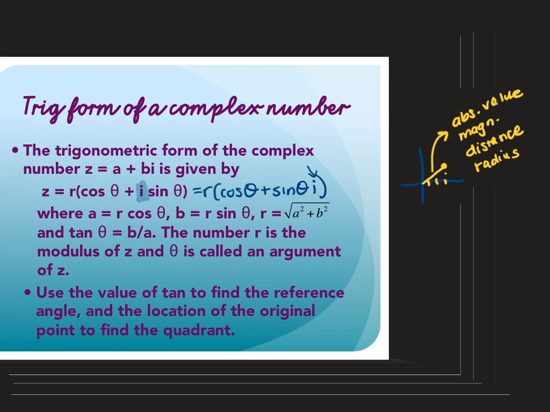All of those are found the exact same way. So I need to find r by doing a squared plus b squared square rooted. And I also need to know what theta is. So I'm plugging in a value here, and then this value would also get plugged in.